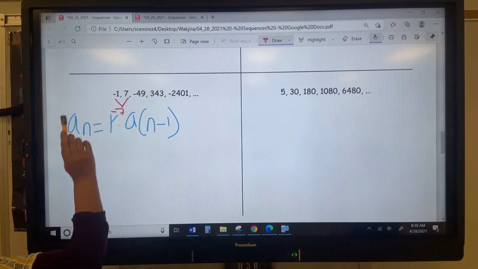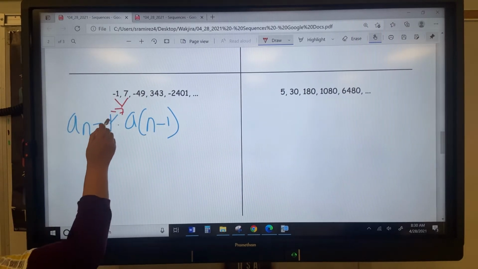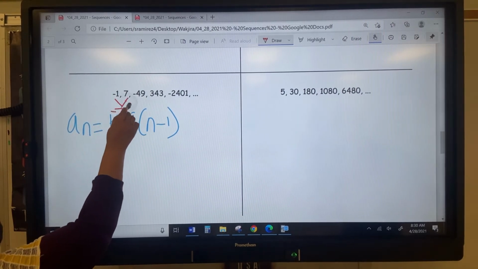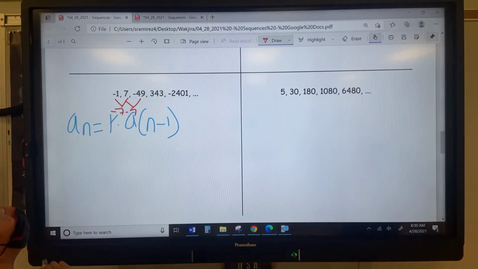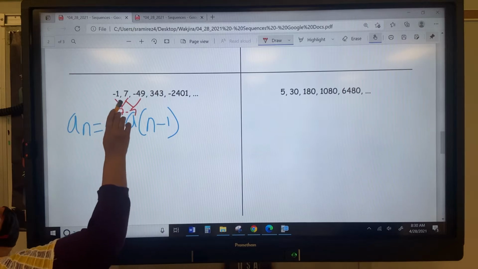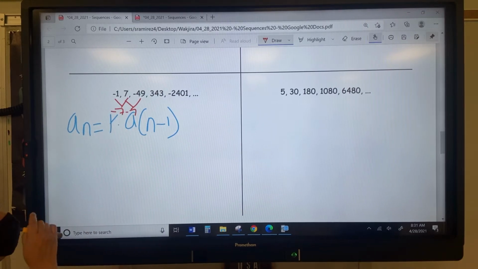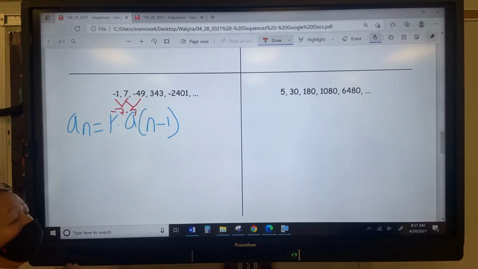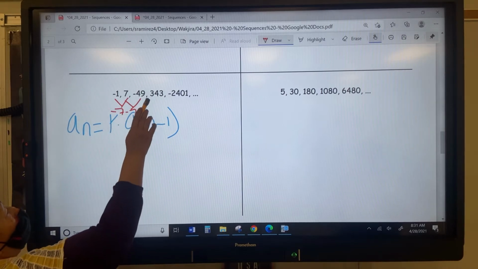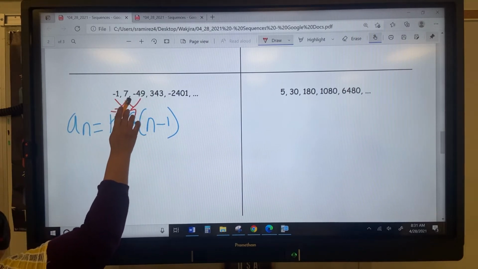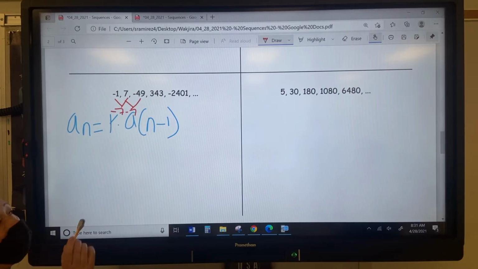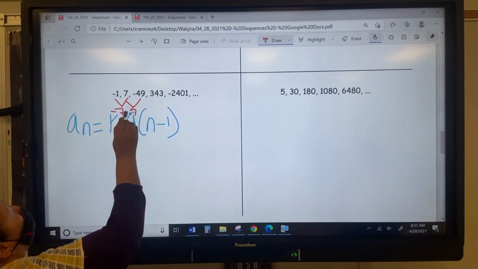When we multiply 7 with what number? Negative 7 again. From minus 49 to get 343, in order for us to get 343, we multiply negative 49 by negative 7 again.